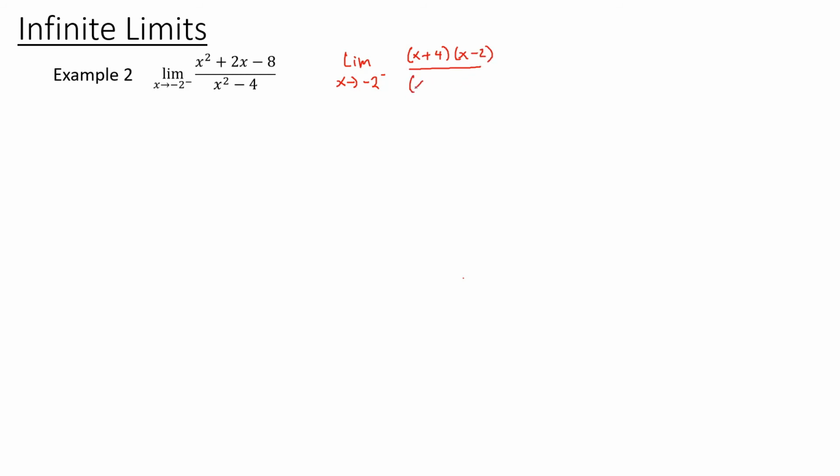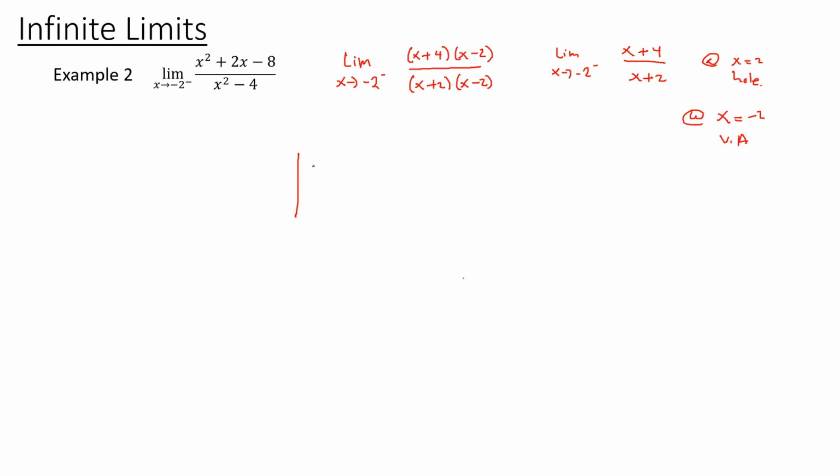The denominator could be factored down to x plus 2 times x minus 2. So we're looking for the limit as x approaches negative 2 from the left side of x plus 4 over x plus 2, because at x equal to positive 2 we have a hole. And we could see that at x equal to negative 2 we have a vertical asymptote, which means we're going to have infinite limits.